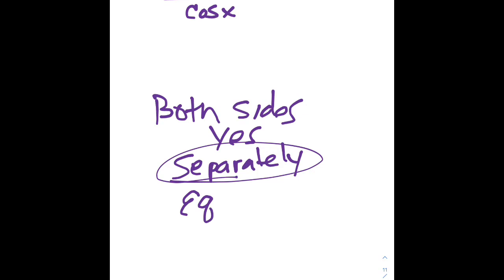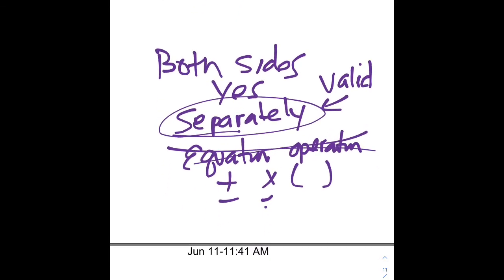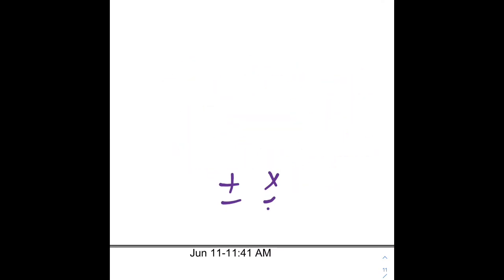As a reminder, you cannot use an equation operation. You cannot add or subtract or multiply or divide or square both sides. You haven't verified that the initial statement is true yet, but it is valid to go ahead and work separately on each side and then make each side match if that is a strategy that works for you.